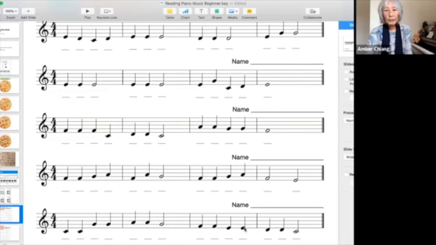E, good, E, E. We step down again. So here we have the musical alphabet going backwards. G, F, E, D, and our famous note C. Try playing this. See if you can guess what this song is.